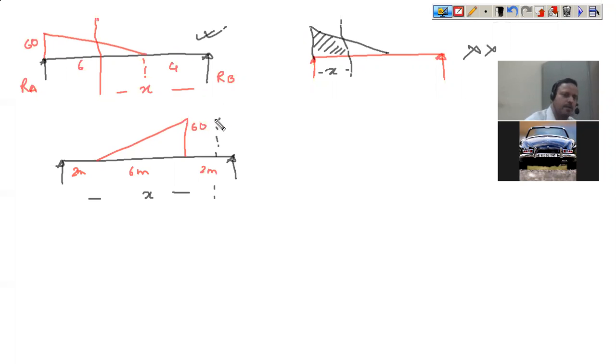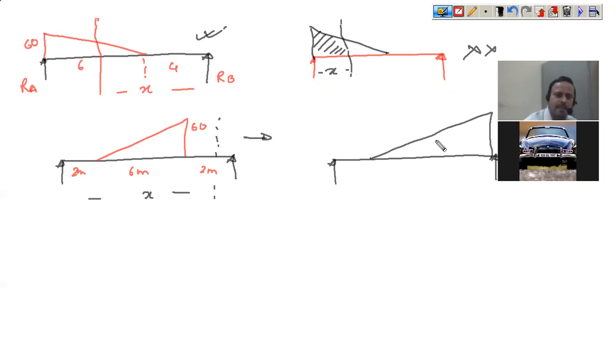Okay. So if you are adding and subtracting load, obviously what will happen? This beam will change to this situation. Now this is at 6 meters it was 60.